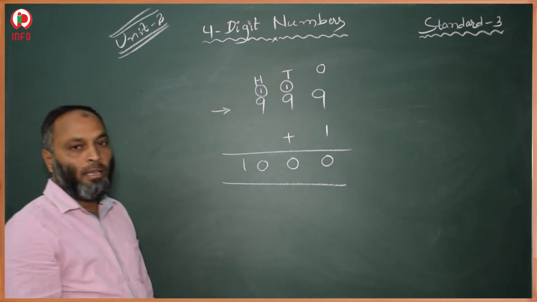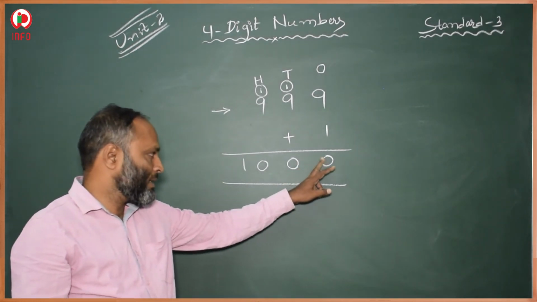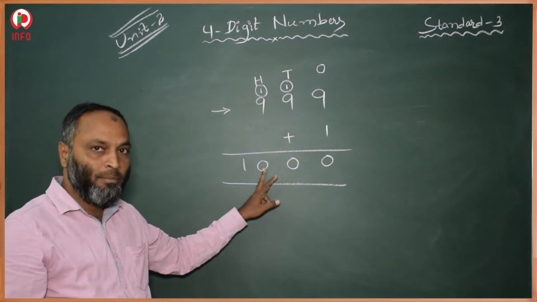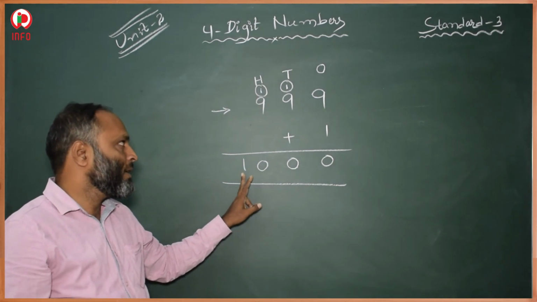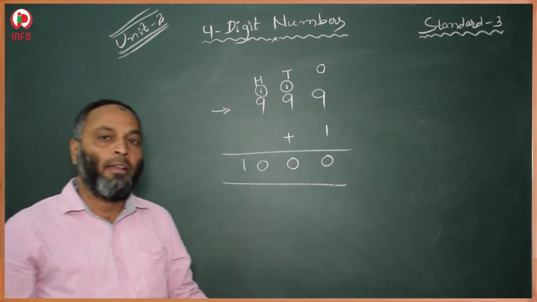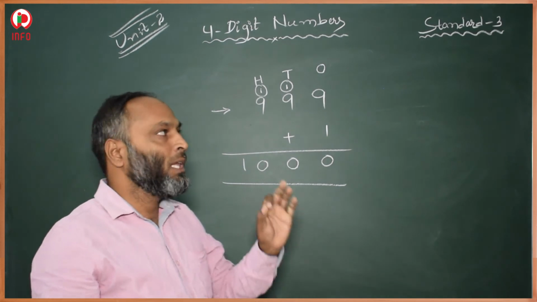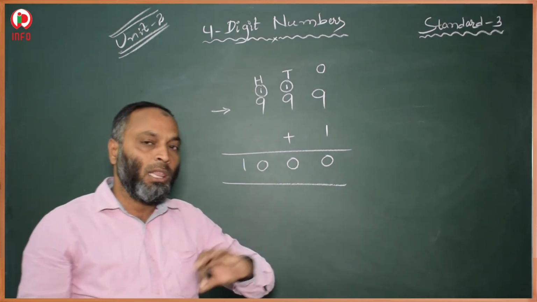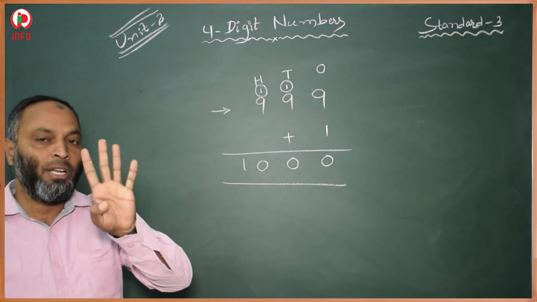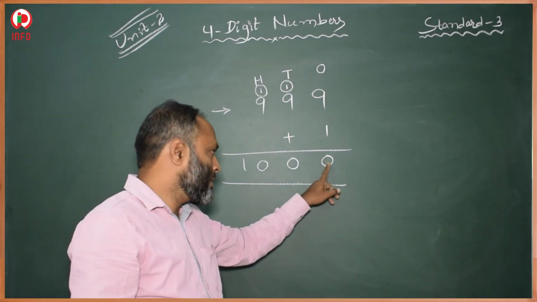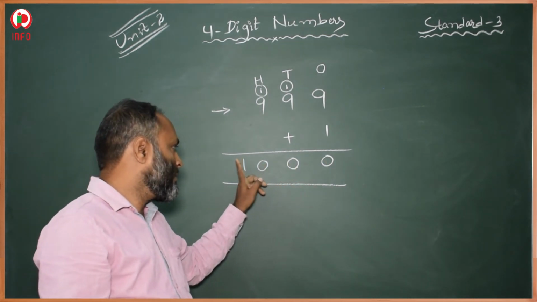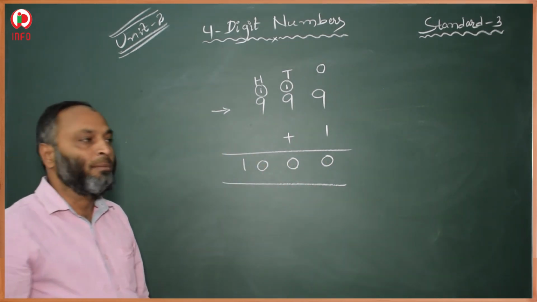This is the first place, second place, third place and fourth place. Now if we add 1 to the largest 3-digit numeral, it converts into a 4-digit numeral: 0, 0, 0 and 1. Then how to read this number?